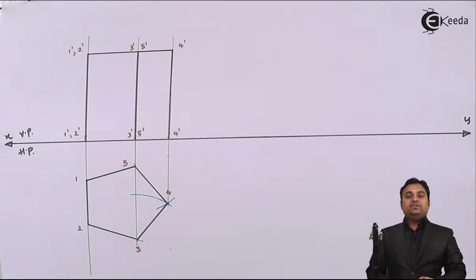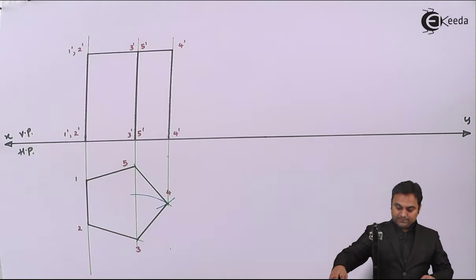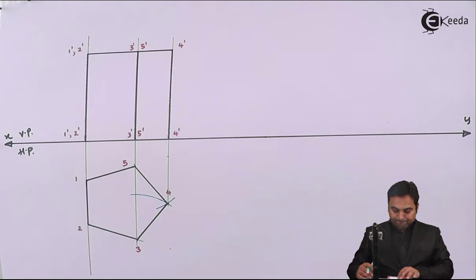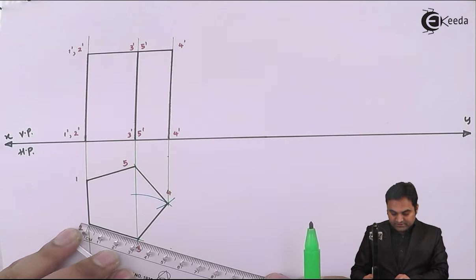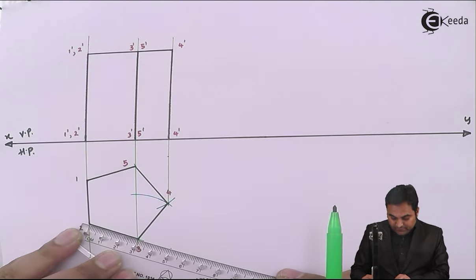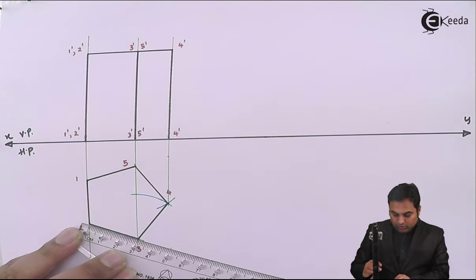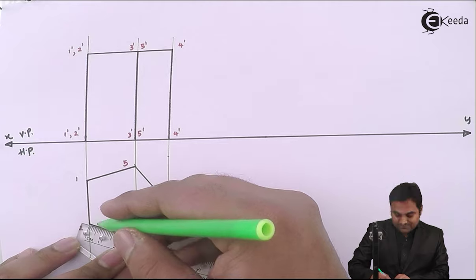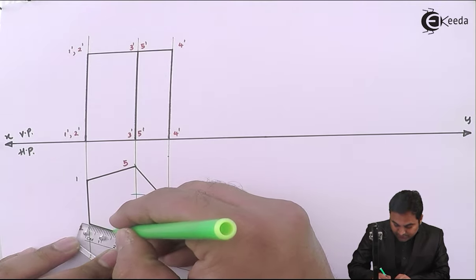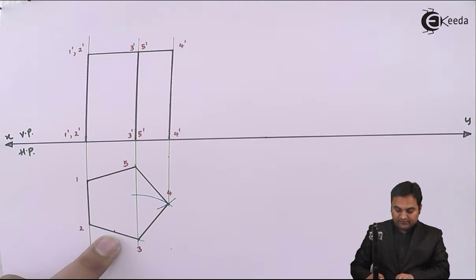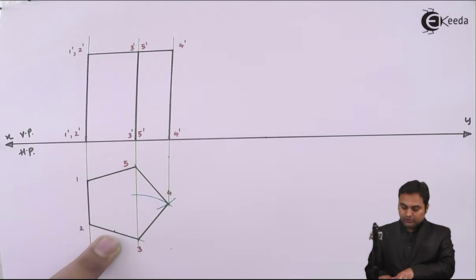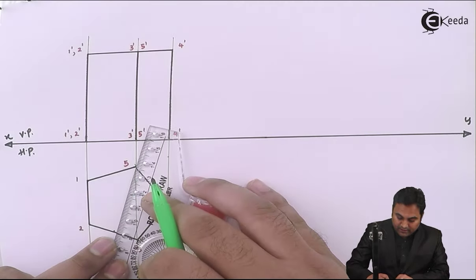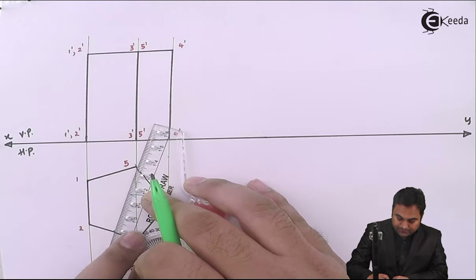This is the initial condition. After this, I am going to mark the axis for this pentagonal prism. Here there is a 30 mm side of the pentagon, so I have to take half of this, which is 15, and then after taking this midpoint of the base, I'll connect it to the opposite corner.